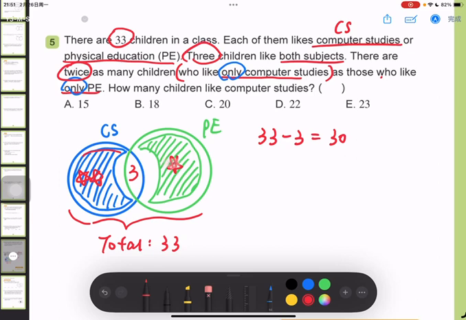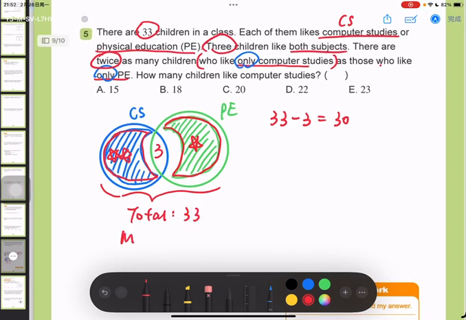That will be the moon shape on the left plus the moon shape on the right. To figure out the total, we would have the moon shape on the left plus the overlap plus the moon shape on the right. This is one way to figure out the total. So we take away the overlap part. That will be 30, which is the moon shape on the left plus the moon shape on the right.